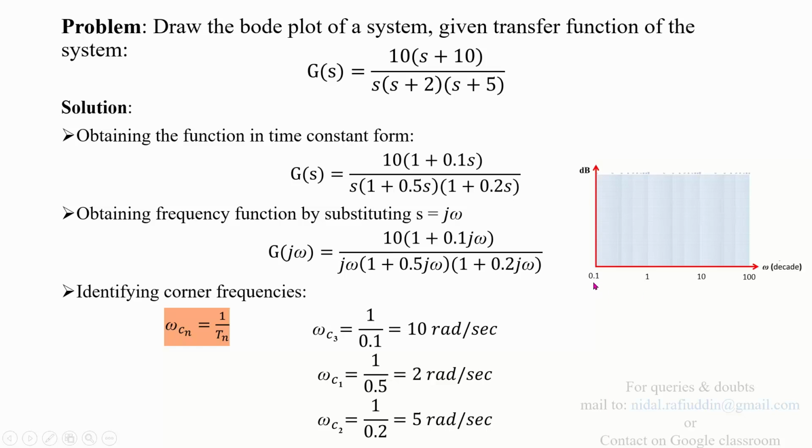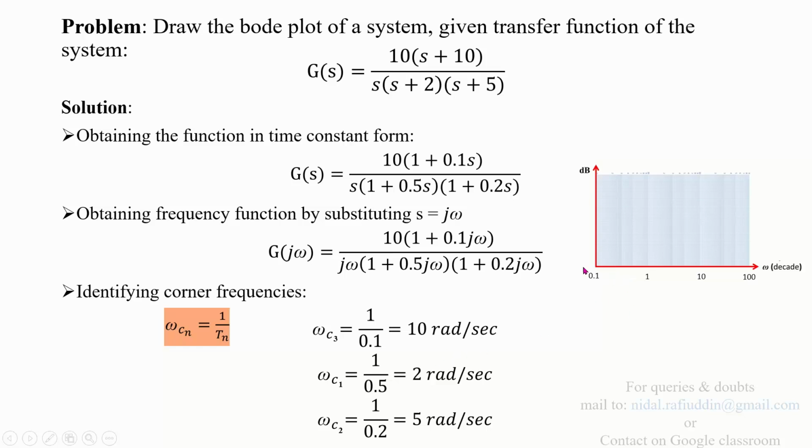It could be 1, because the difference is in decades, which means a frequency multiple of 10. If you multiply 0.1 by 10, you get 1, then 10, then 100. These are the differences in decades. So this is 1 decade, and from here to here is 2 decades. This is 0.1, this is 1 radian per second, 10 radians per second, 100 radians per second, and the gap between them is a decade.